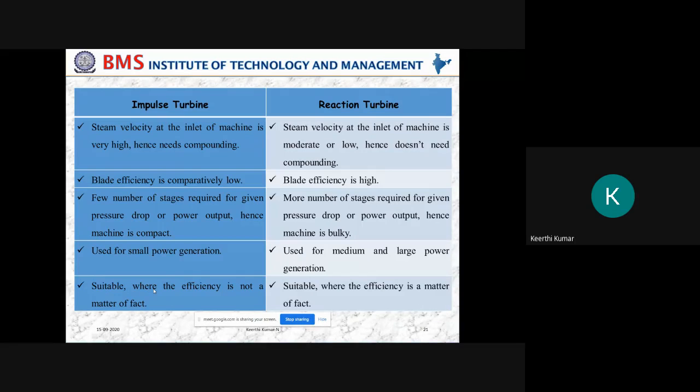But if there is only a single nozzle and single rotor blades, then it is called De Laval. If there are multiple stages, then we name it Curtis turbine. So both work on the principle of impulse only. So Curtis and De Laval turbines come under the heading of impulse, and Parsons reaction turbine comes under the heading of the reaction principle.